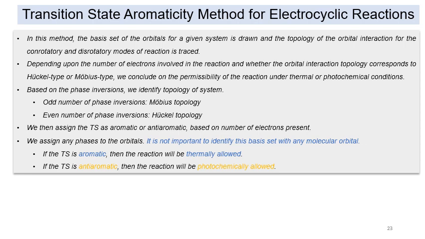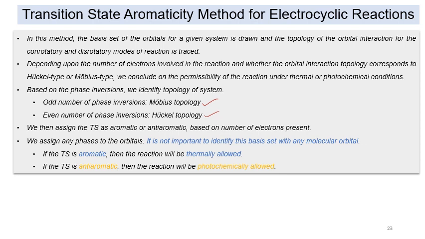Depending on the number of electrons involved in the reaction and whether the orbital interaction topology corresponds to either a Huckel type of system or a Mobius type, we will conclude on the permissibility of the reaction, whether it is photochemically or thermally allowed. Based on the phase inversions, we will identify whether this would be a Mobius topology or a Huckel topology. When there are an odd number of phase inversions, we know that this is called a Mobius topology. Where there are an even number of phase inversions, this will be termed a Huckel topology.